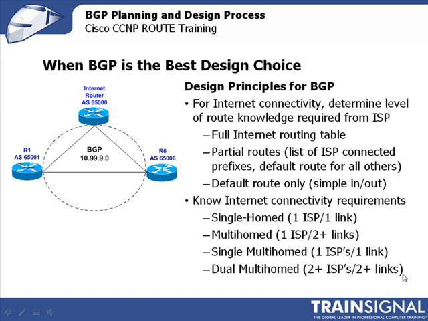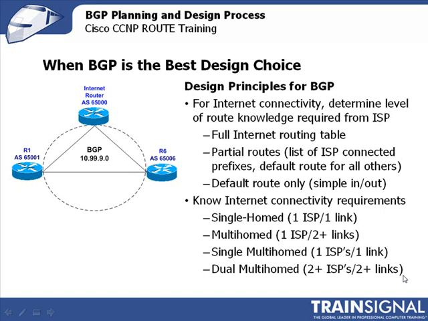Or do you just need partial routes, which means that for all of the subnets and destination networks within that particular service provider's network, it will announce specific networks, and for anything outside of its system, it'll just simply use a default route for you to get to those destinations? Or do you just need a single default route, and that pretty much takes care of all your internet routing? That's one of the things you need to determine from a design standpoint.